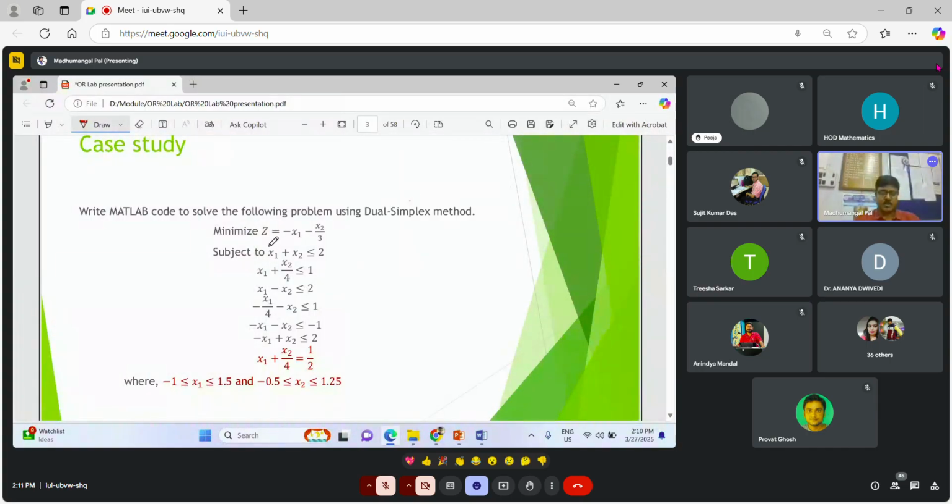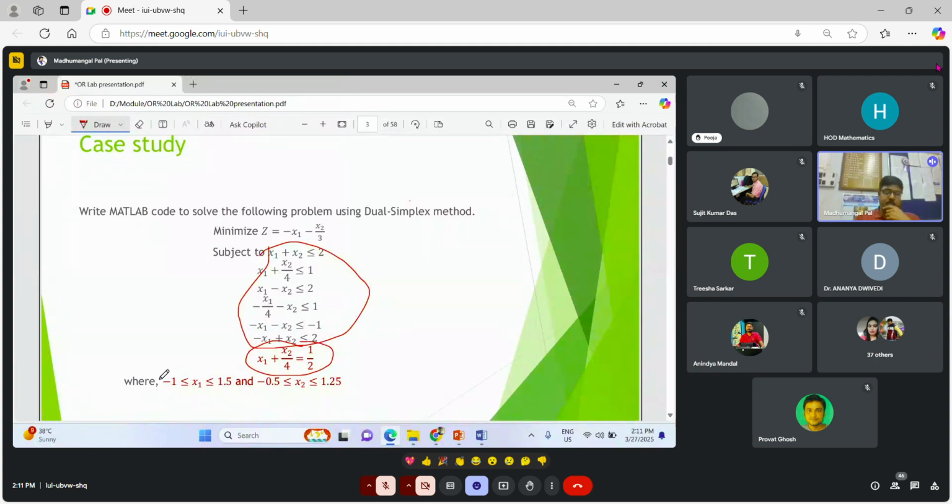These are the less than or equal to constraints. In the last but one less than or equal to constraint, the right hand side is -1, that means negative. In all other constraints, the right hand side components are positive. And the last constraint is the equality constraint. That means the system has only one equality constraint.